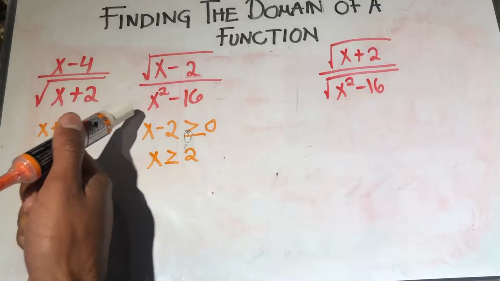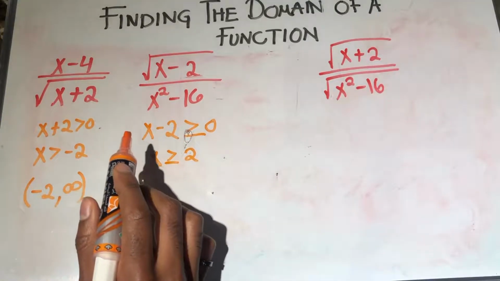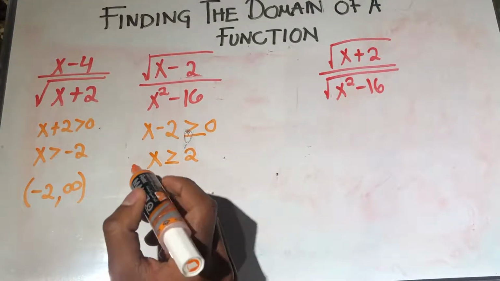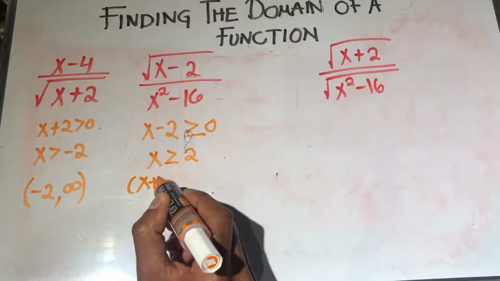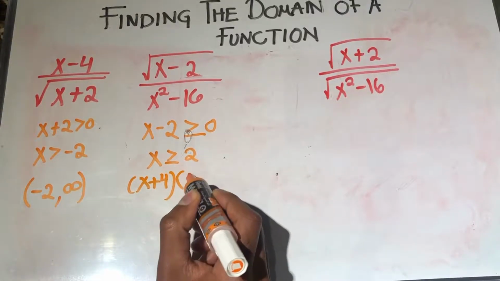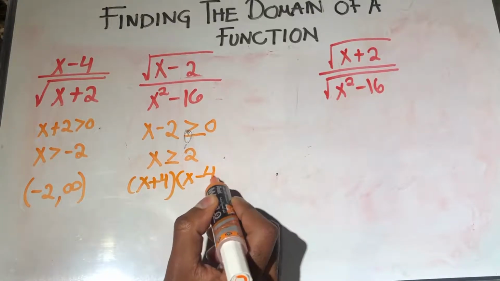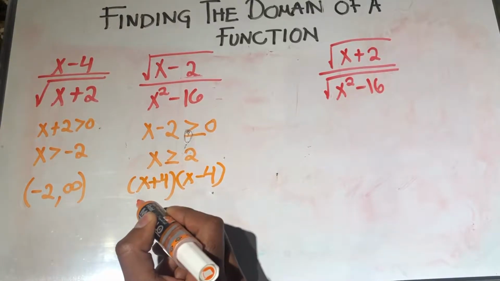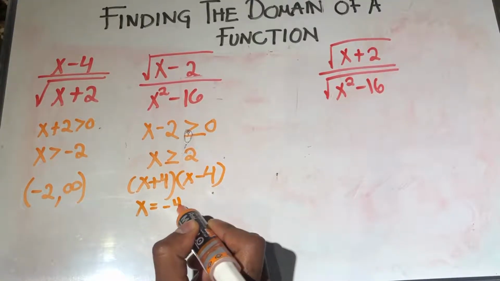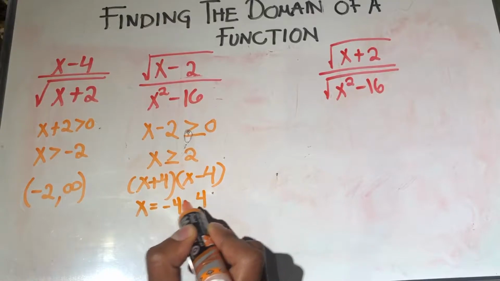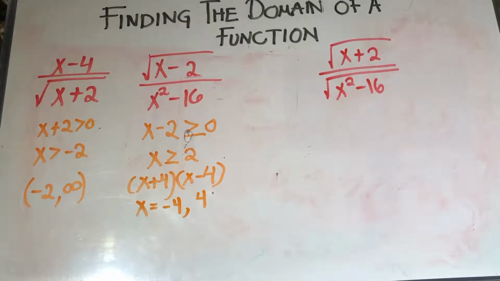And since we can't have a 0 in the denominator, what we can do with x squared minus 16 is factor it, and then we get x plus 4 times x minus 4. That's going to give us two values: x is equal to negative 4 and x is 4.